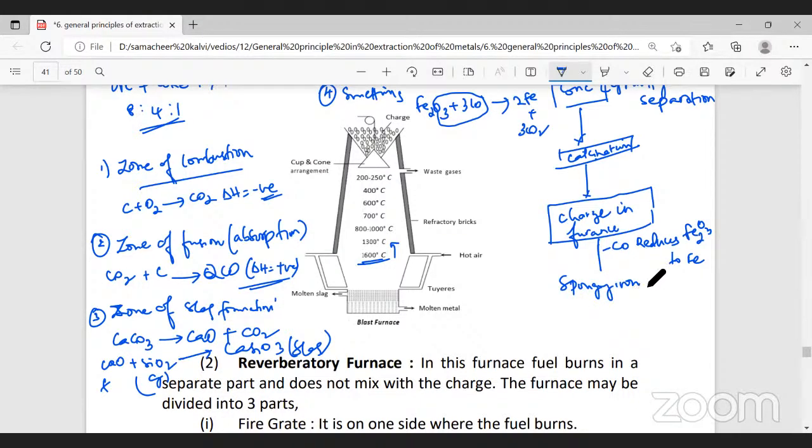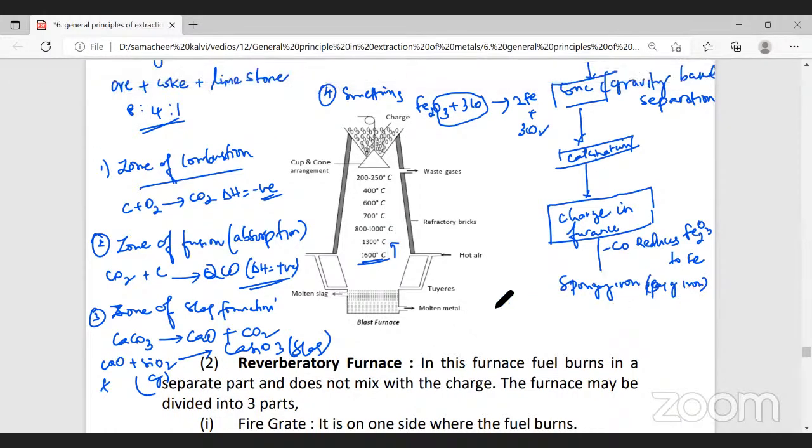This is also called pig iron. This pig iron contains around 4% carbon. Now, when you heat it with scraps of iron and coke, we get cast iron.